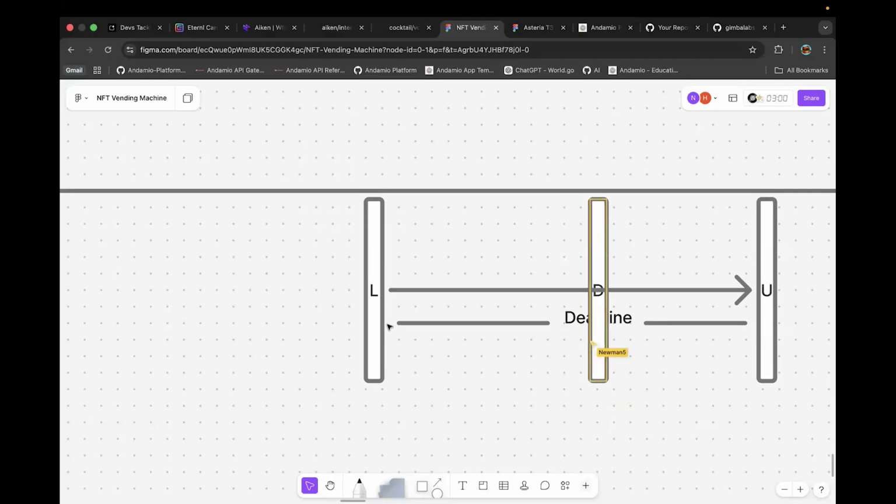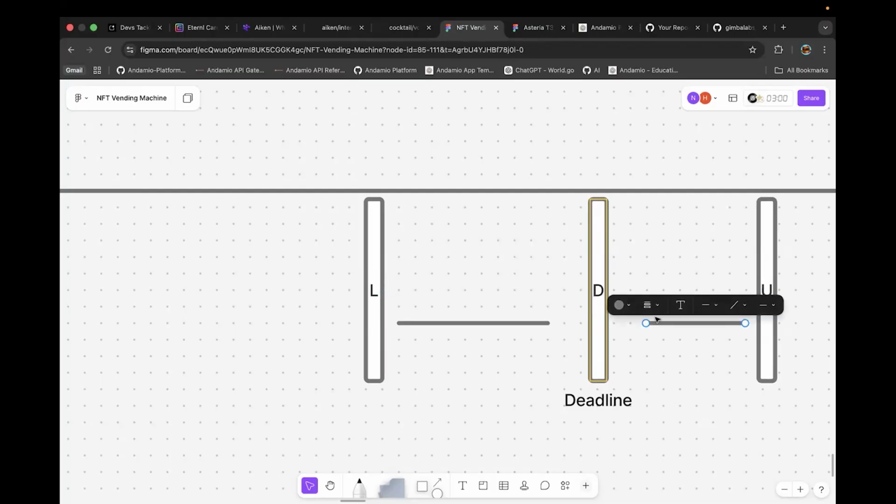Okay, deadline like that. Yeah. And then let me remove this arrow just, let me get it up here. Okay, now I think I get it. So how do we say that our transaction is within this range?